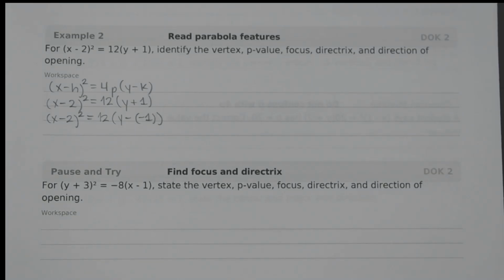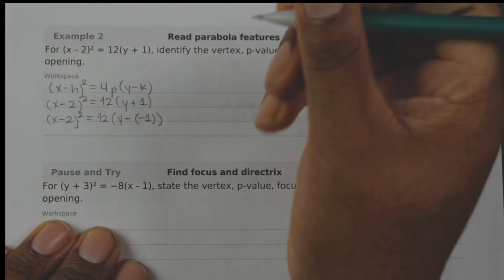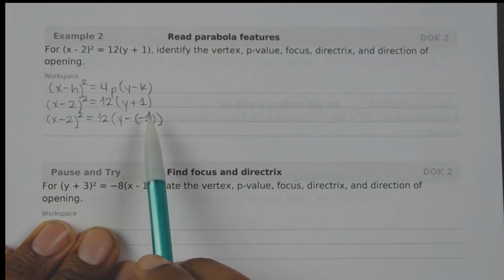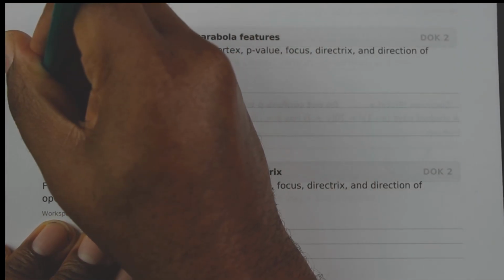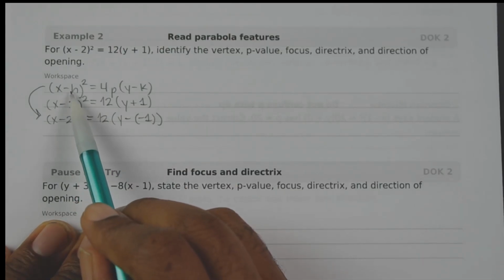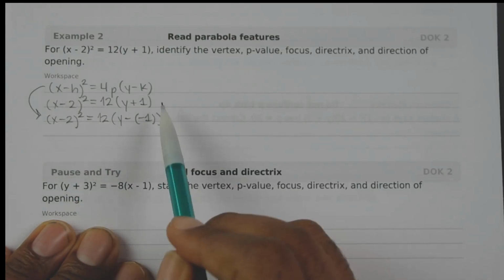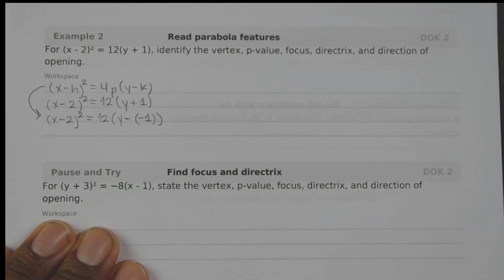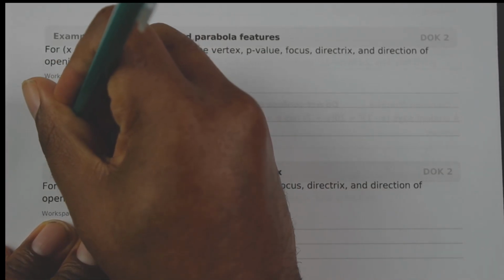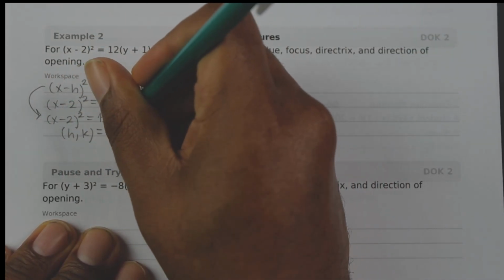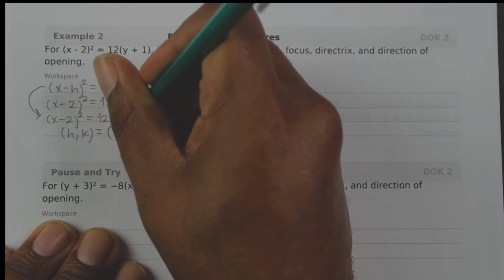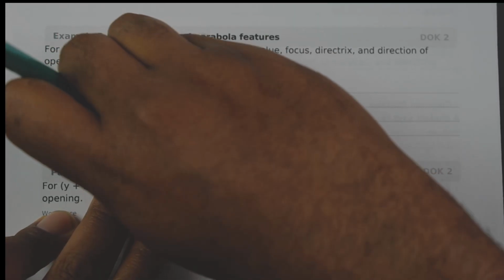So the vertex is as follows, comparing this to the original: we have h and we also have k, so (h, k) is (2, negative 1).